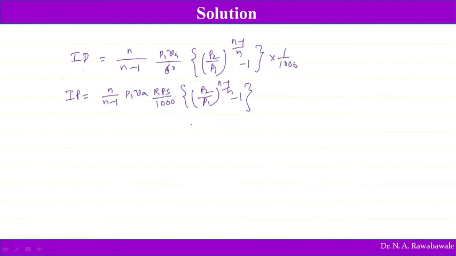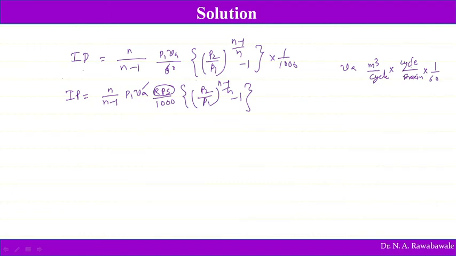So here RPS is not required, why RPS is not required? If this VA is in meter cube per cycle, then we have to multiply it by cycles per second or cycles per minute, and then we have to divide it by 60.